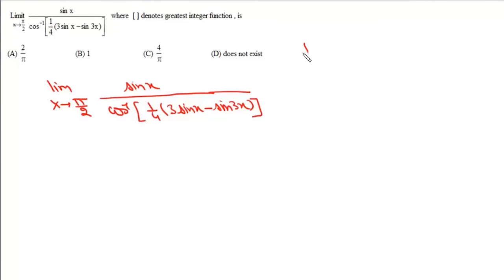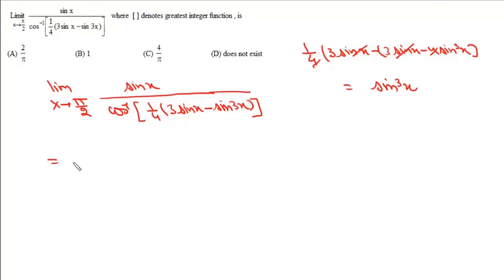Now if we look at this, 1 by 4 into 3 sin x minus sin 3x, and sin 3x is 3 sin x minus 4 sin cube x. Now this 3 sin x will cancel, this 4 will also cancel, so this value will be simply sin cube x.